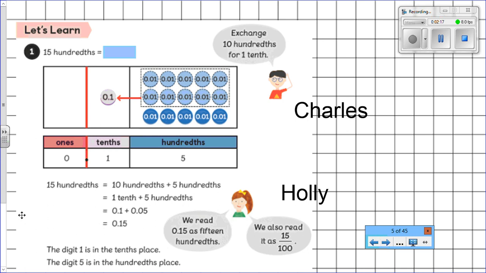She's got 15 hundredths, which is equal to 10 hundredths plus 5 hundredths, which is also equivalent to 1/10 plus 5 hundredths, or 0.1 add 0.05, which gives us the answer of 0.15 or 15 hundredths. You can see that the digit 1 is in the tenths place and the digit 5 is in the hundredths place.